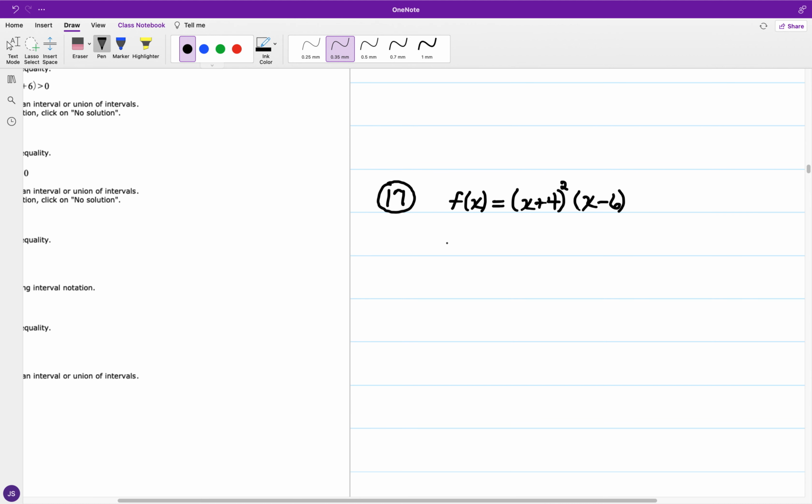Taking this function in factored form, we can readily obtain the zeros.